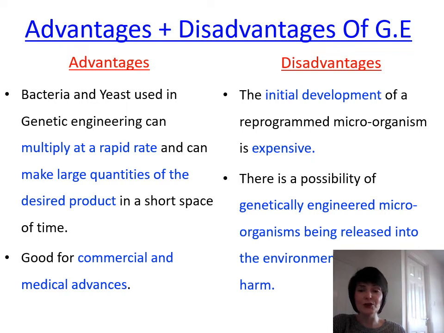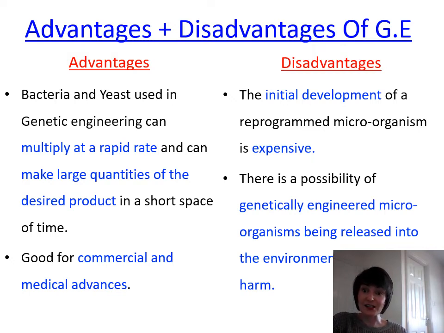So that could swing people to say that that is a good thing. It's good for commercial uses, for instance making detergents, and also medical advances. Just think of insulin production.